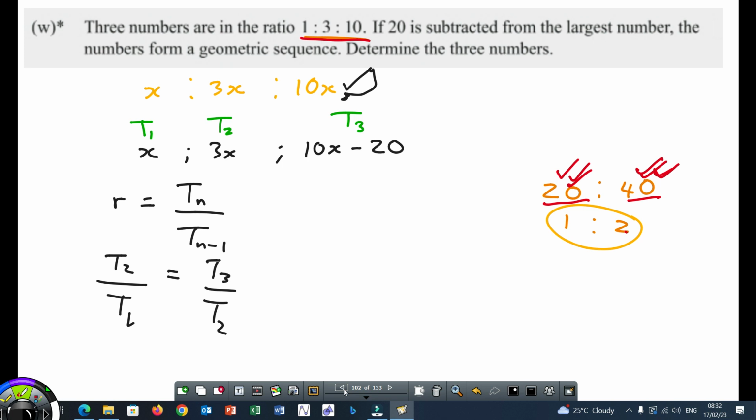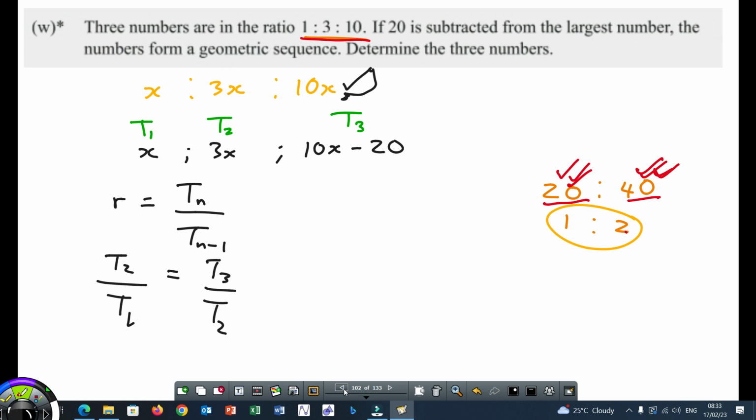So sir, if they want to give it to us as x, 3x, and 10x minus 20, then you divide it by the highest common factor to get it to the x, 3x, and 10x. Okay. To get this ratio here, remember, the original three terms don't form a geometric sequence.